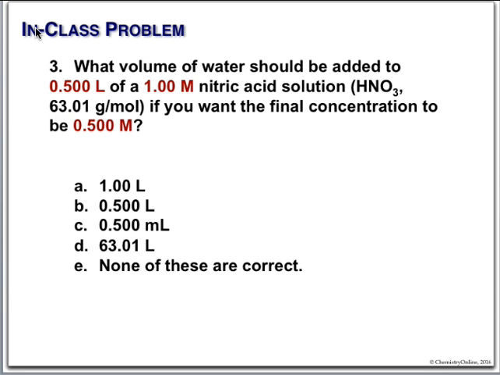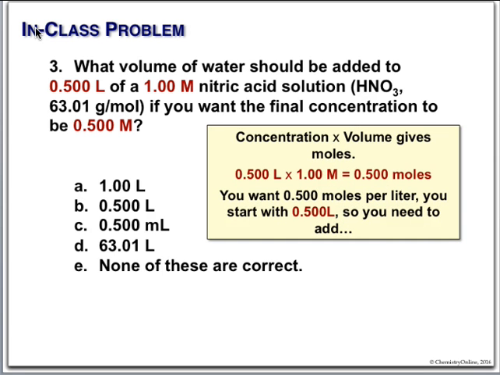Now what I'm going to say here is once again we have a concentration and a volume, don't we? So we know how many moles we have of nitric acid. We want our final concentration to be 0.5 moles per liter. So, if we simply multiply our concentration and our volume, we have half a mole.